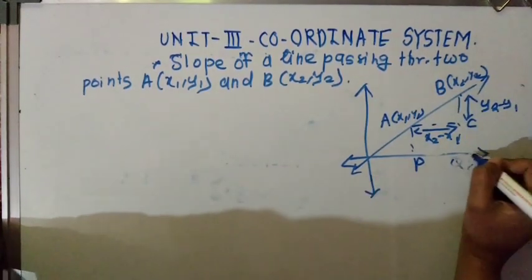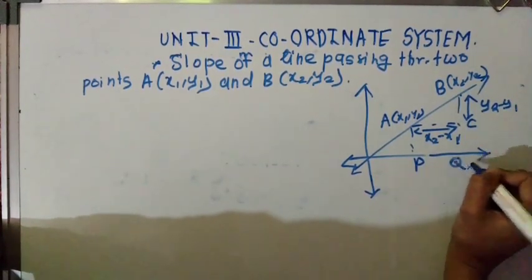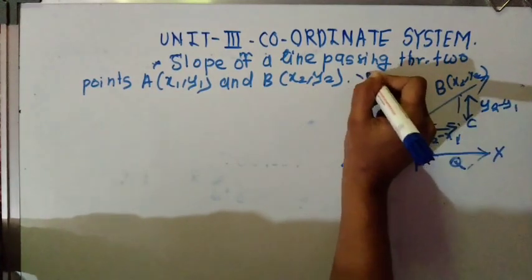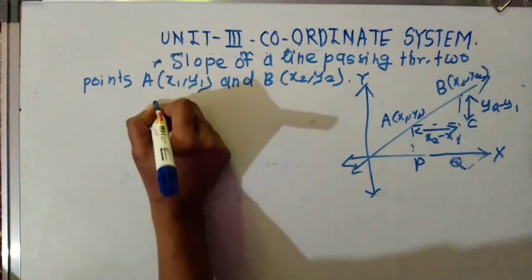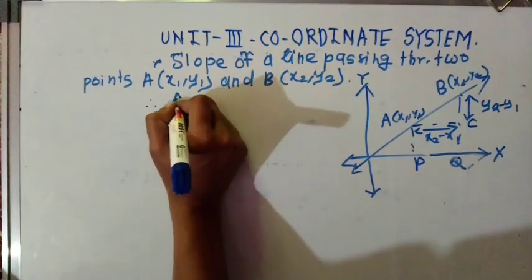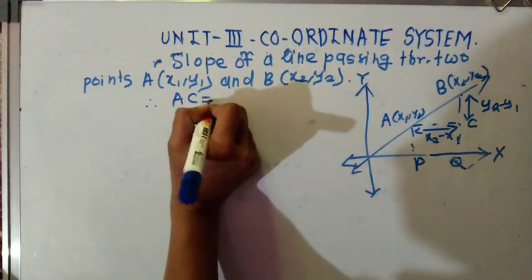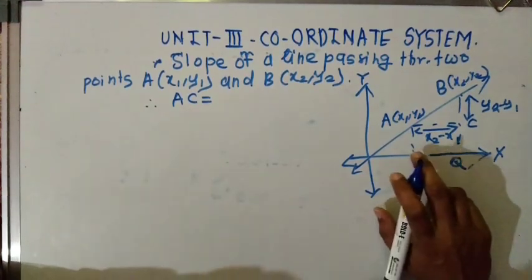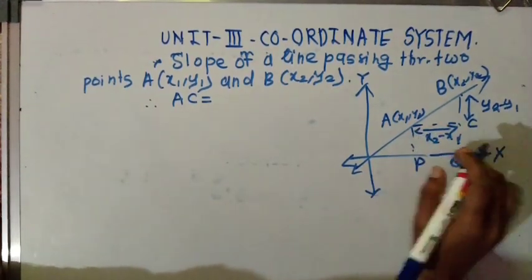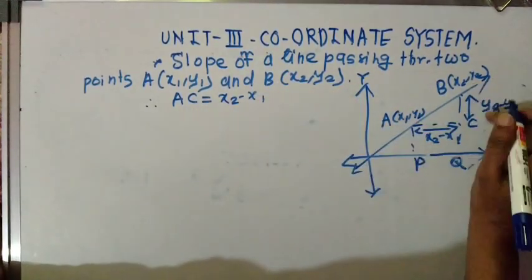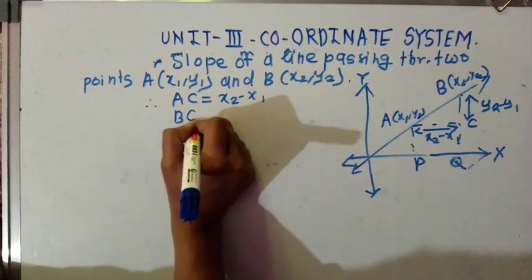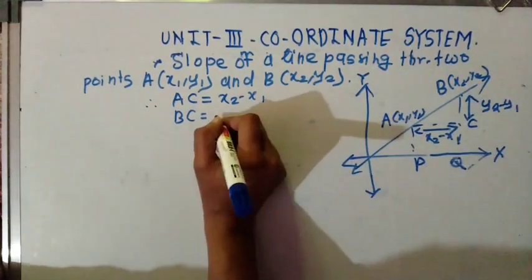This is the x-axis and this is the y-axis. Then in the right angle triangle, AC is equal to x2 minus x1 and BC is equal to y2 minus y1.